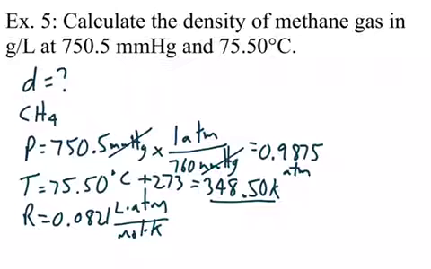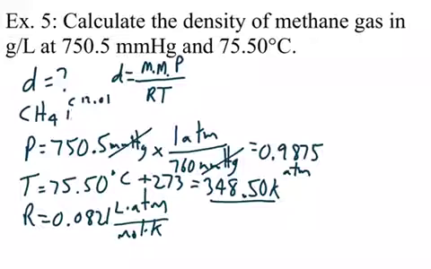But we're going to have to find the molar mass of CH4. We're going to use the same formula we did a minute ago, which is that density is equal to molar mass times pressure divided by RT. Now, the molar mass of methane: carbon is 12.01, and hydrogen, there are 4 of them, each one is 1.01, so this will be 4.04 here.